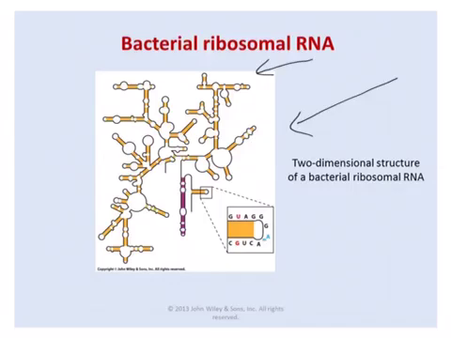And in this particular structure, this purple region is just highlighting a really important active site of this specific bacterial ribosomal RNA.